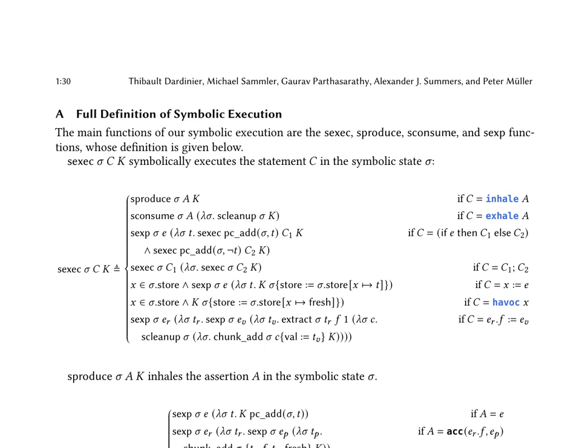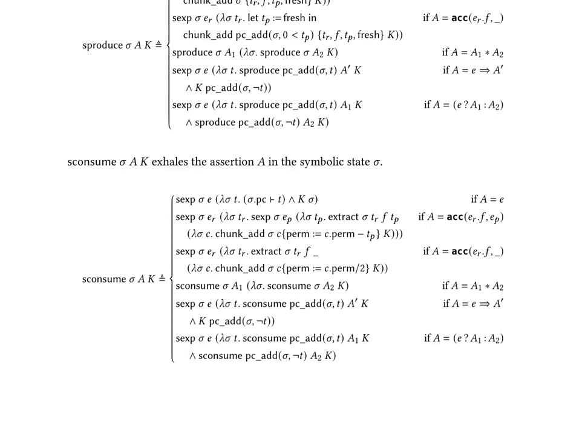The paper also explains the definitions of these functions, highlighting their purpose and significance in the context of symbolic execution. The authors provide a comprehensive description of how these functions interact and contribute to the overall process of symbolic execution. The paper concludes by emphasizing the importance of these functions in ensuring the correctness of programs through formal verification.